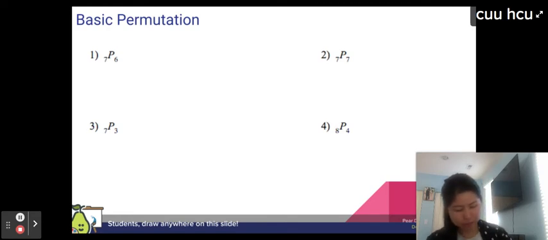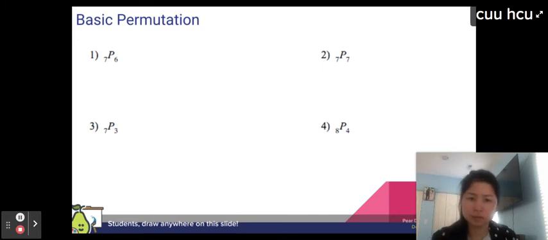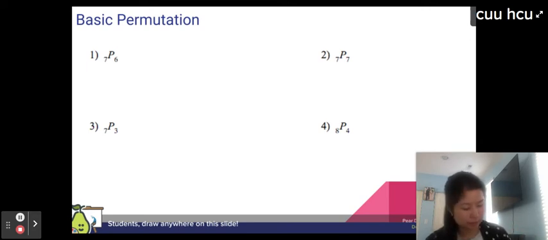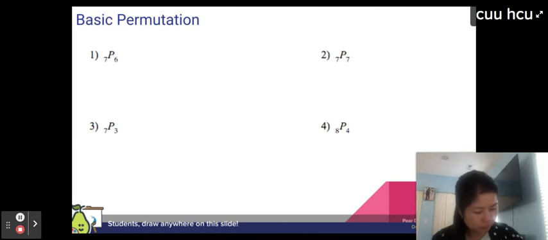When you get to this step, just use your calculator. Do 7 factorial and see what that gives you. If you do 7 factorial, it actually gives you 5,040. 1 factorial is 1. Now you can divide those two, which gives you 5,040, the same thing as this one right here.